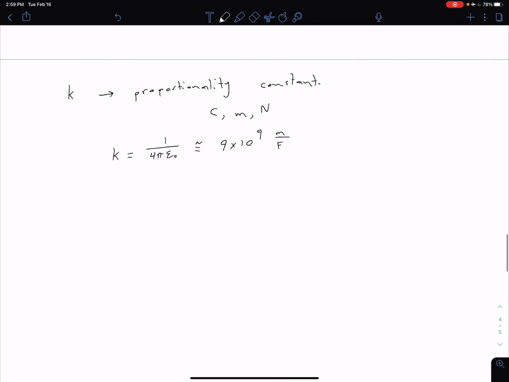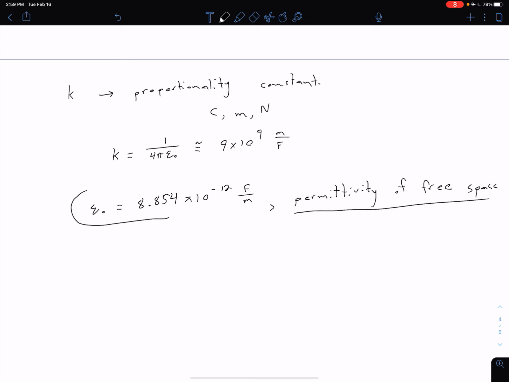However, you might be familiar with this from previous classes. This epsilon naught has a value of 8.854 times 10 to the minus 12th farads per meter, and this is our permittivity of free space. This is definitely a constant that we're going to be using a fair amount, so I would suggest you have that written somewhere in your notebook or on your note sheet.